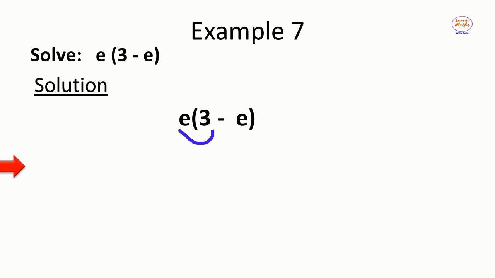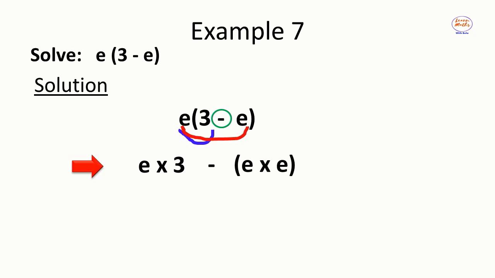e times 3 will give us, then we have minus e times e. I assume that we already got the method of expanding, multiplying. So let's go on to have e times 3 as 3e.